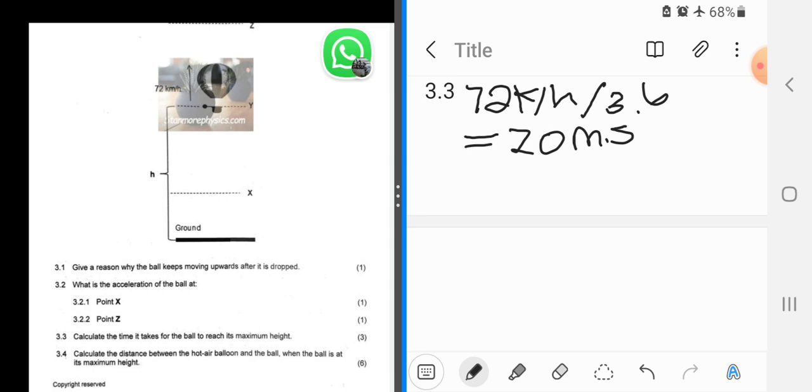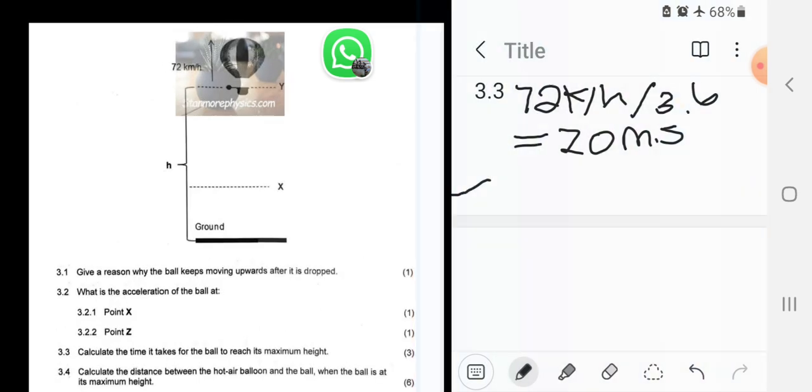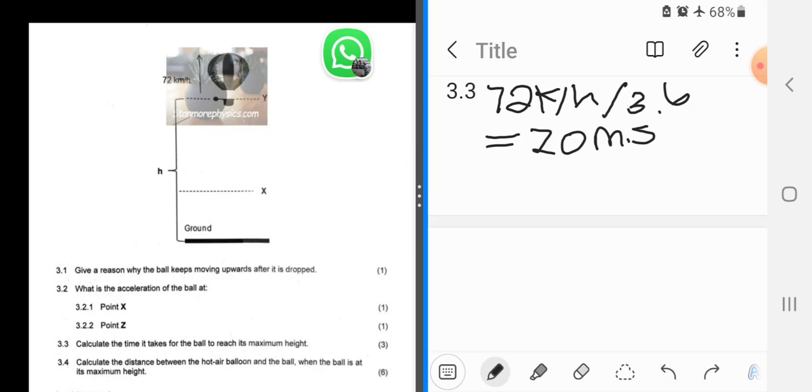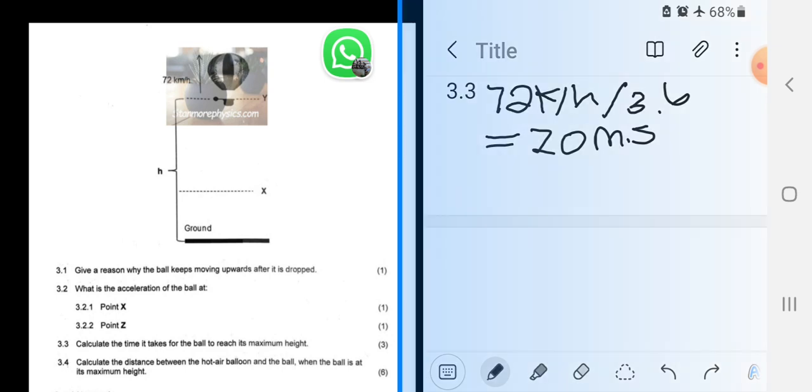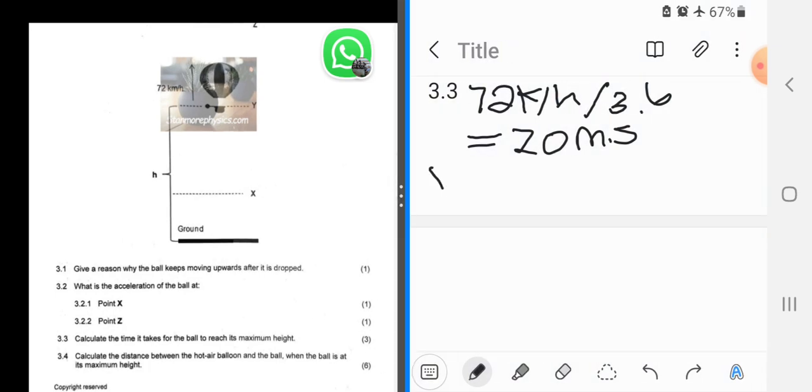That's what we're going to do first, and then the second thing, we're going to use this: final velocity equals initial velocity plus acceleration due to gravity times change in time.